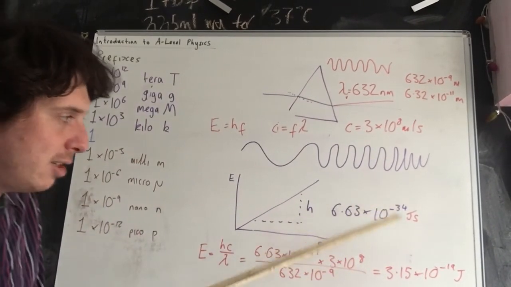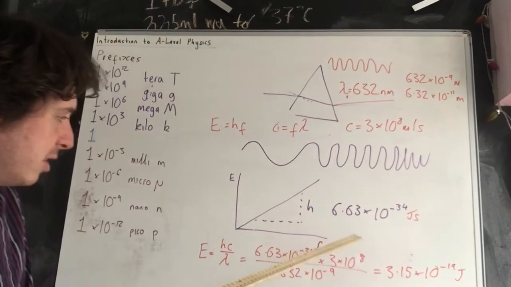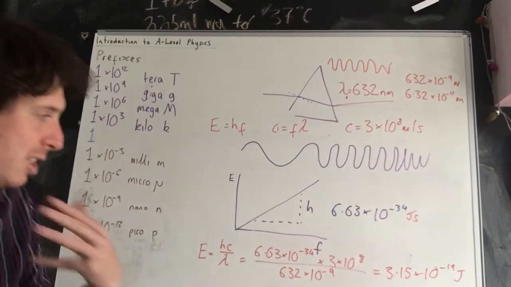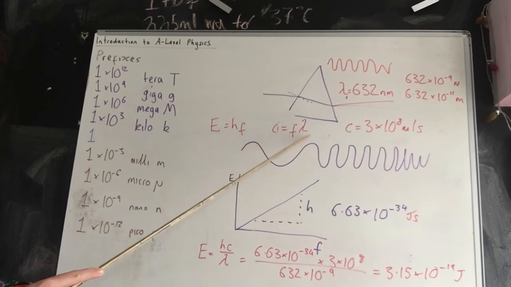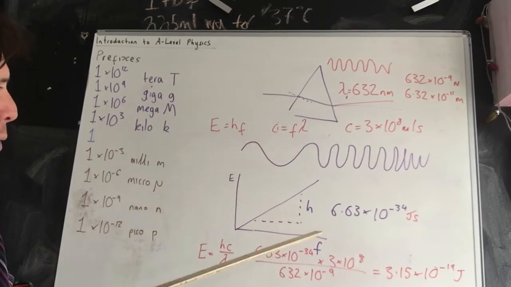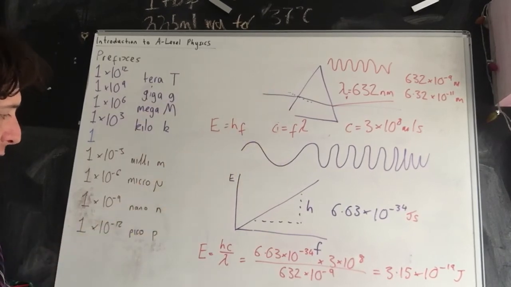This is why standard form is important, because we do not want to be writing out a load of zeros. So if I wanted to calculate the energy of red light, I would substitute this into that equation, where the f would disappear. f equals wave speed divided by wavelength.